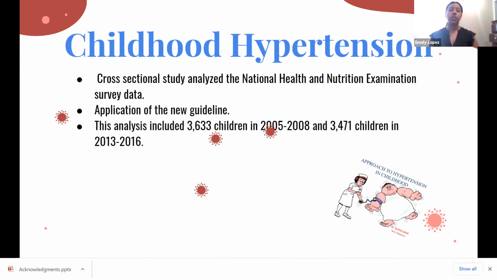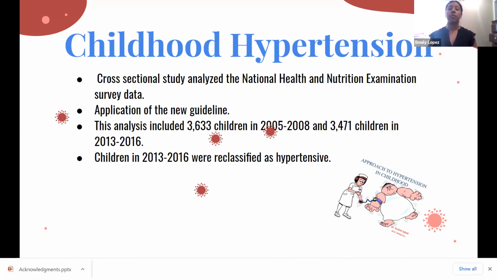These analyses include 3,633 children in 2005 to 2008 and 3,471 children in 2013 to 2016. Children in 2013 to 2016 were reclassified as hypertensive. The prevalence of high blood pressure also declined.